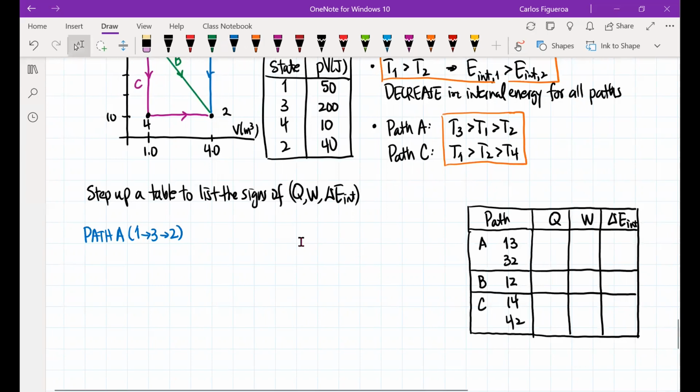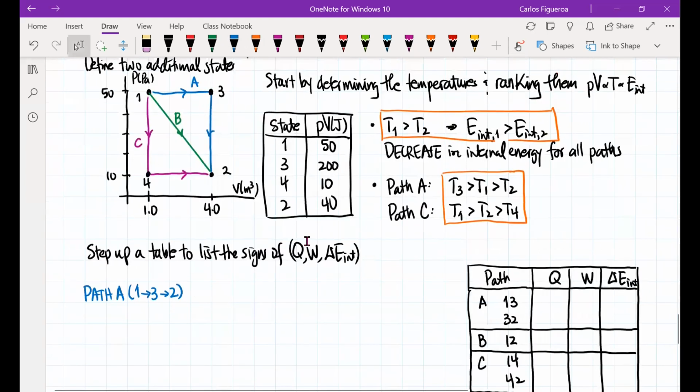So here we go. Now let's go through the process. I need to talk about the heating, the working, and the internal energies. No, we already know the internal energies because we already computed the temperatures. So the first thing I'm going to do here is look at my heating, my workings first.